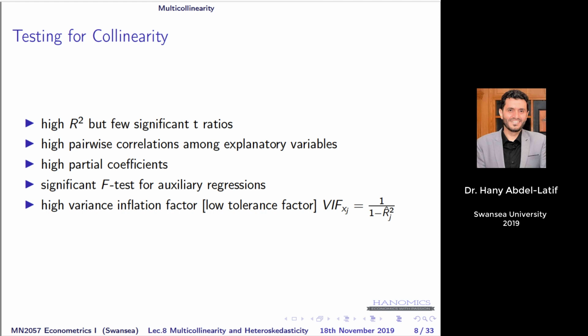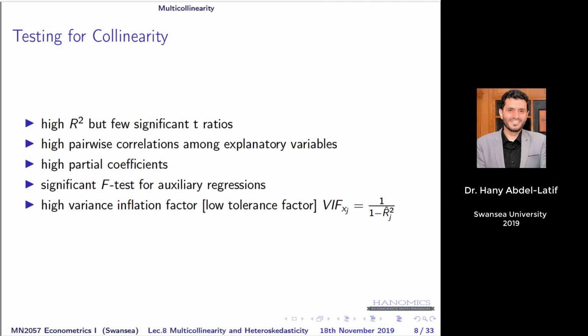If it is high, okay, that means you have, again, multicollinearity. The variance inflation factor for xj, for one of the x's, would equal 1 over 1 minus r squared for that x.